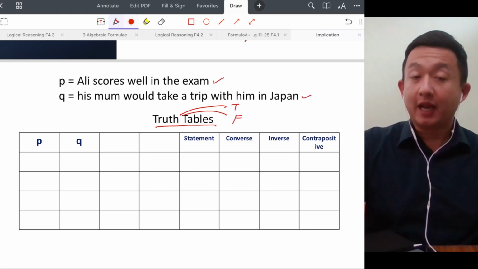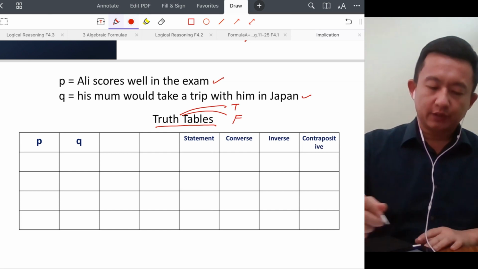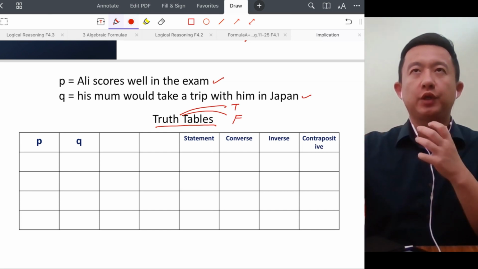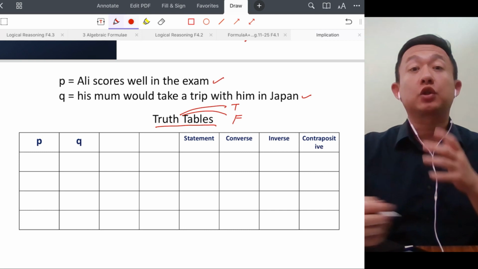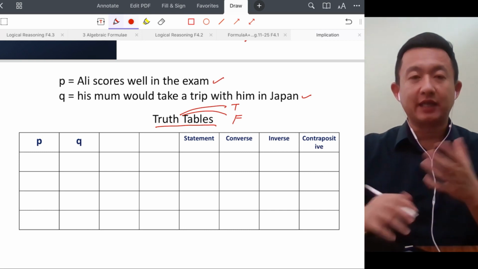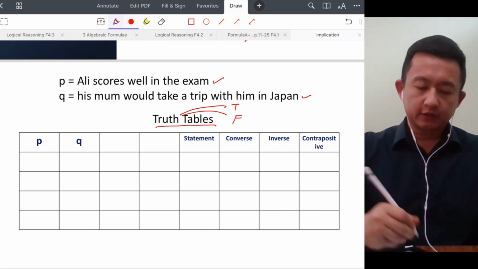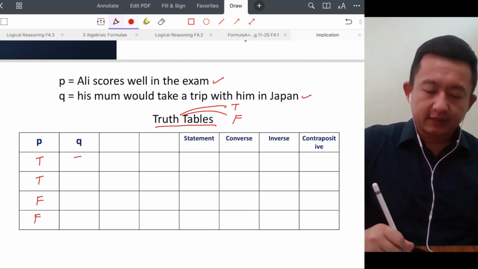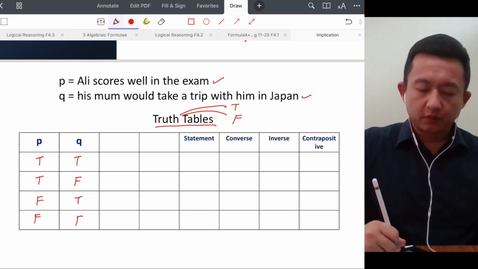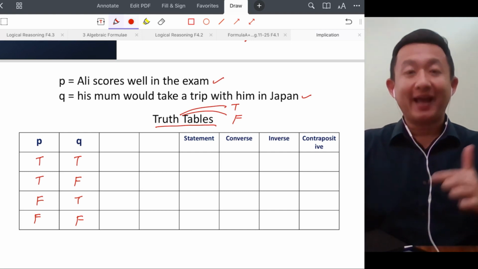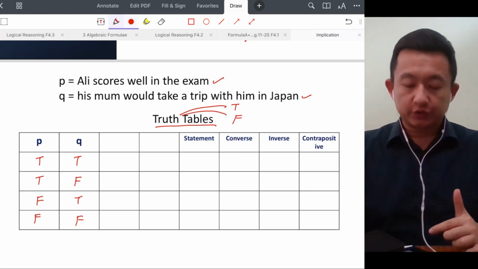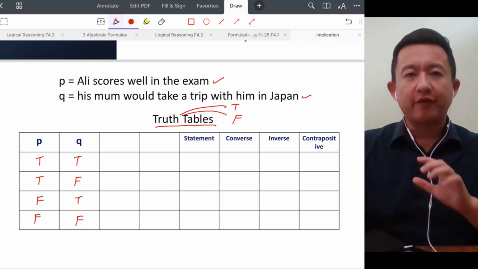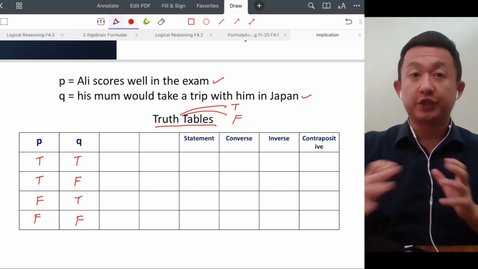So look at P and Q. There are only two outputs, true and false. So there are a total of how many possible cases and combinations? 4, right? T, T, T, F, F, T, and also F, F. So you have 4 types of combinations.